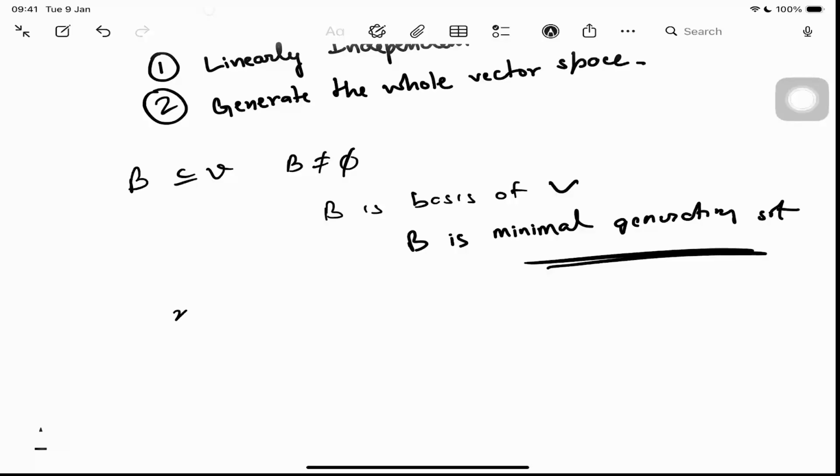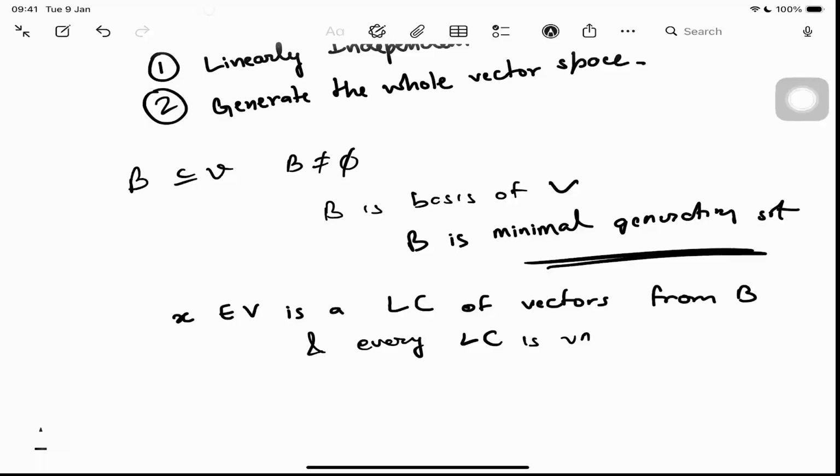So every vector X in V is a linear combination of vectors from B, and every linear combination is unique.